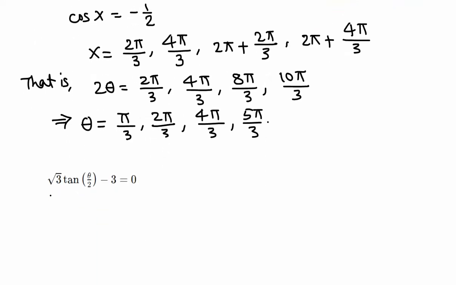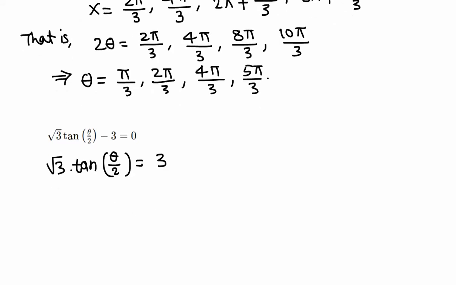Okay, next: root 3 tangent theta over 2 minus 3 equals 0. Let's isolate tangent, so move 3 over: root 3 tangent theta over 2 equals 3. Now divide by root 3, then we get tangent theta over 2 equals 3 over root 3.